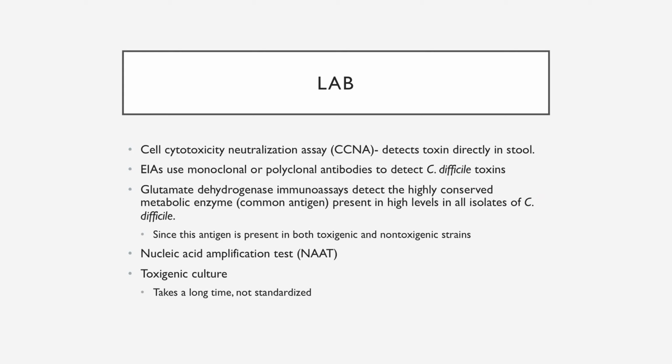The toxigenic culture is actually culturing out the C. diff species in the lab on the petri dish, and then testing for toxins. This is actually super laborious. It's kind of used as the gold standard, but it's not standardized. It takes a long time, so not very many hospitals actually do this. But it is kind of where the C. diff smell term comes from when you actually grow it on the petri dish.